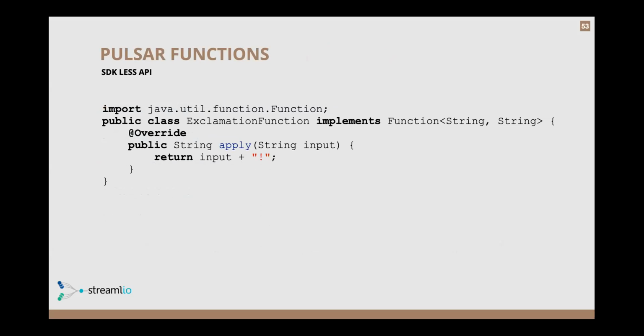Then all you have to do is override that single method, which is provided in the function API, called the Java function specification, and you just take the data and return it. That's it. Every time an event gets called, your code gets executed and you perform that function. Obviously, this is a very simplistic Hello World version, but the point is that you can basically do this in 3 lines of code and a little bit of scaffolding around that. Nothing really complicated. So the friction to getting started is next to nothing.